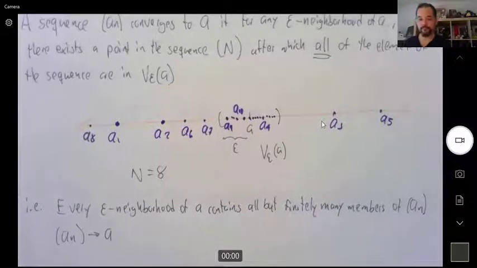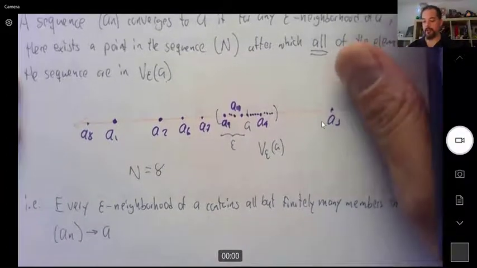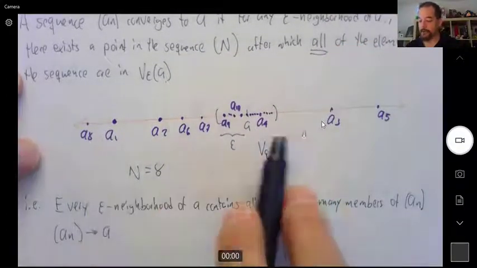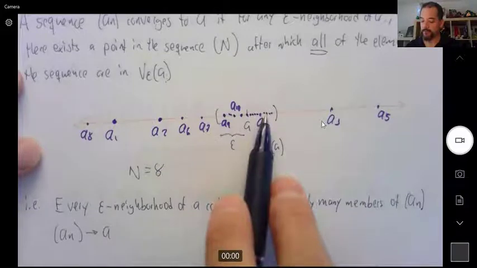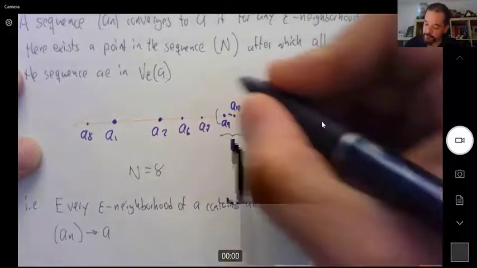It's a little bit confusing. How does n equals 8 relate to A_n converging to A? Well, we'll do some examples right now, because in this picture we only did it with this specific epsilon.